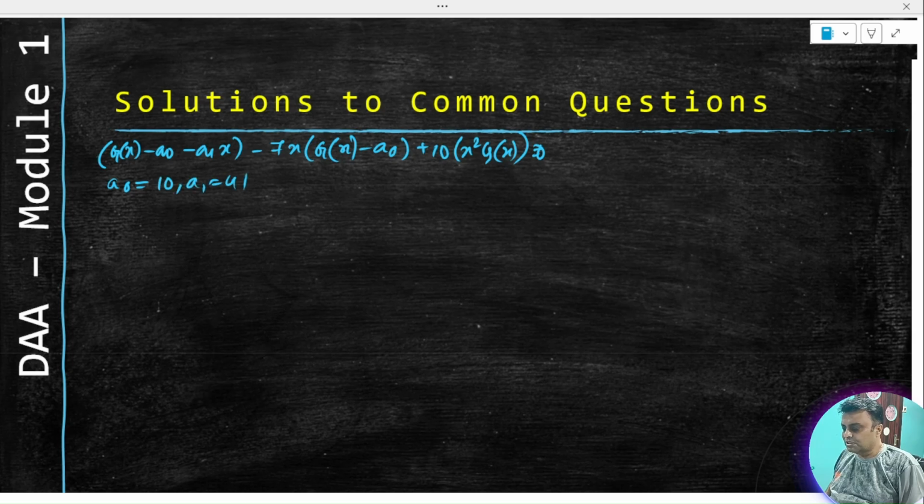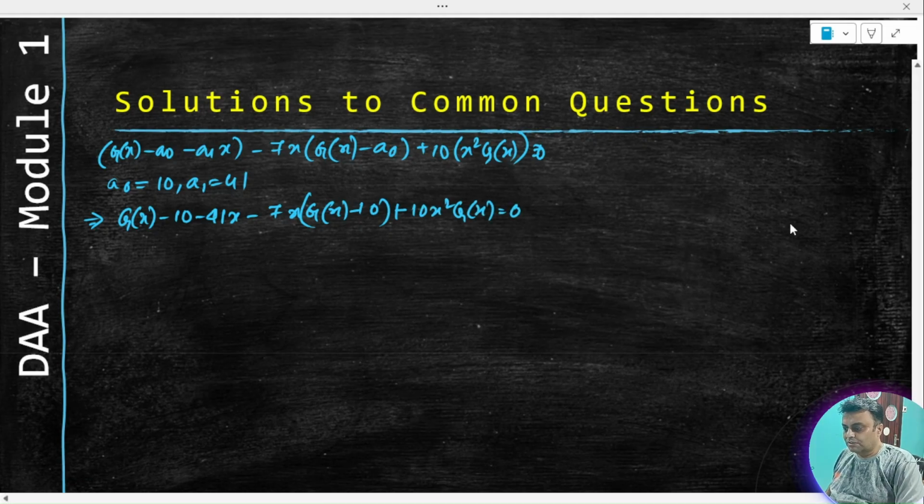to 41. That was the initial value given in the question. If we do that, then we will get gx minus 10 minus 41x minus 7x gx minus 10 plus 10x square gx equal to 0.